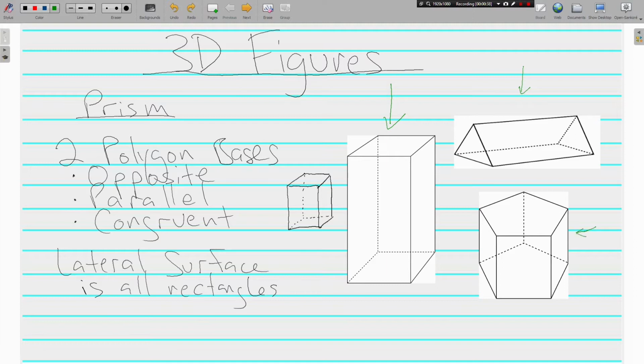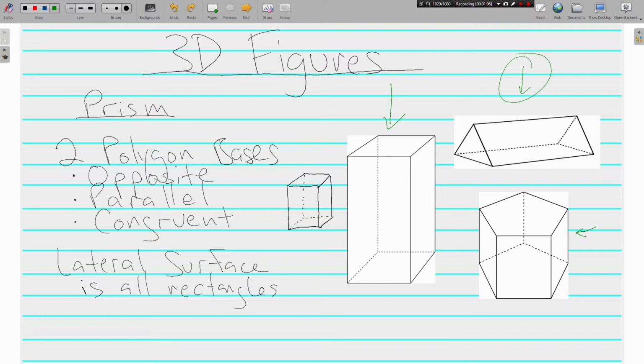Now, these figures, like the prisms, are named by the base. And whatever figure is on the bottom doesn't mean that that's the base of it. Just because it's on the bottom doesn't make it the base. The best example of that is up here, the triangular prism. Obviously there's a rectangle on the bottom of it, but again, that's not the base.